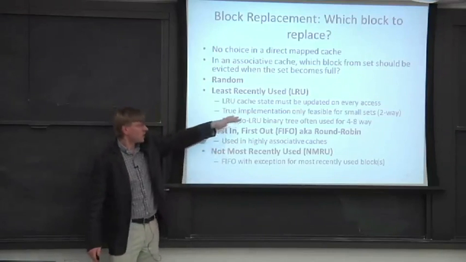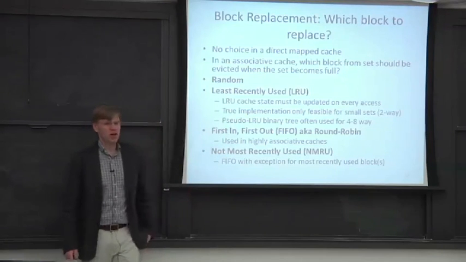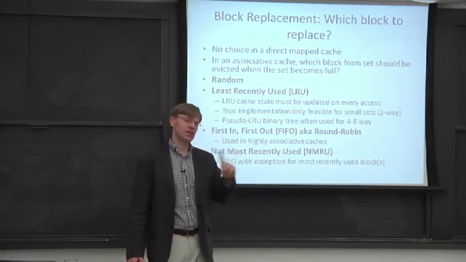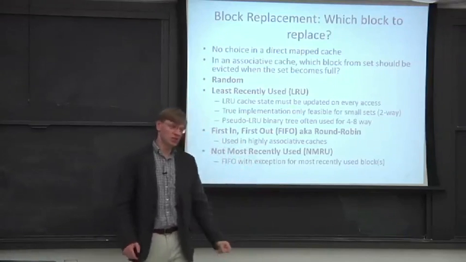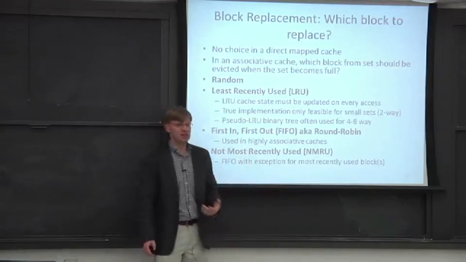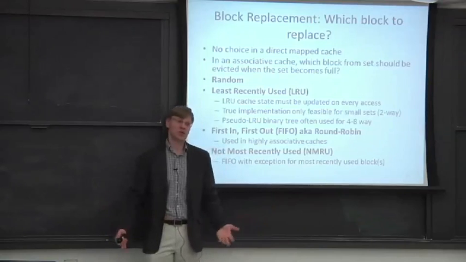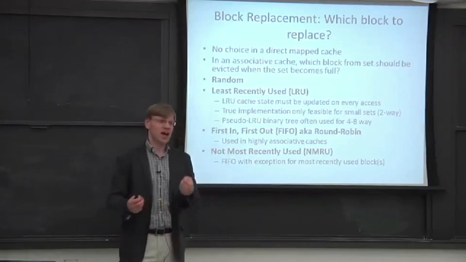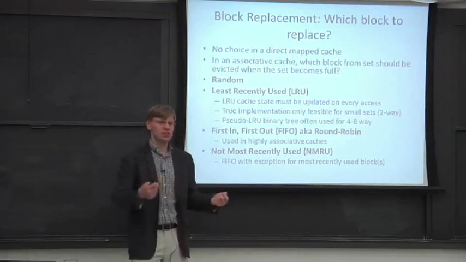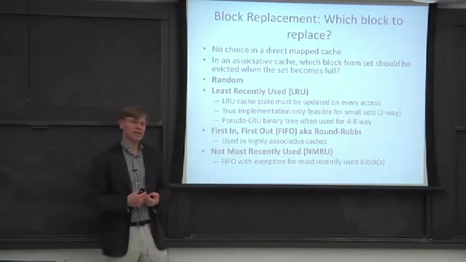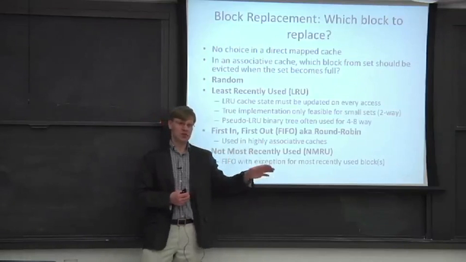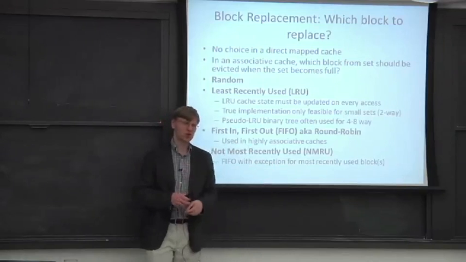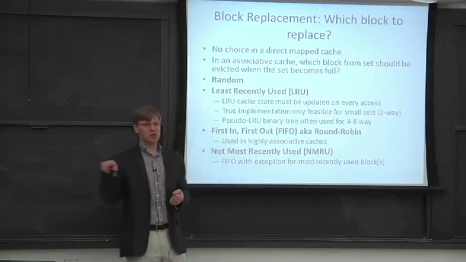So what starts to get hard here is when you try to go above two-way caches. With two-way, you have one bit that can decide which is the least recently used. If you start to have, let's say, an 8-way set associative cache, and you want to do true least recently used, you have to somehow keep time stamps for each different way. You have to say, oh, well, this one was just recently accessed, and you can timestamp it. You could try to reorganize a list of numbers in order.